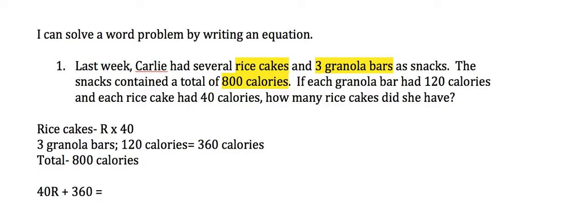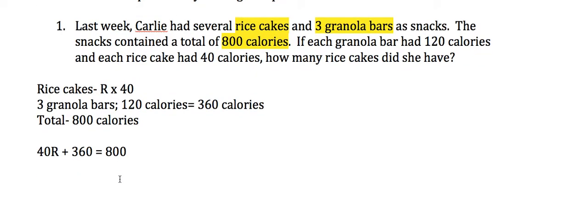Total, she ate 800 calories. So we had to do a lot of work to write that equation. But we were able to give enough information that we can solve now for R. So now we have a linear equation that we can solve.